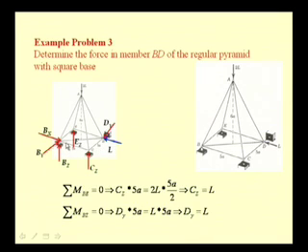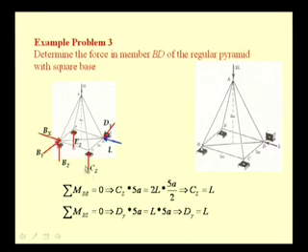Here we use the moments about this axis BE, which provides this reaction Cz, and the moment summation about the vertical axis passing through B, that is Bz, results in determining this reaction dy. Both have turned out to be L.